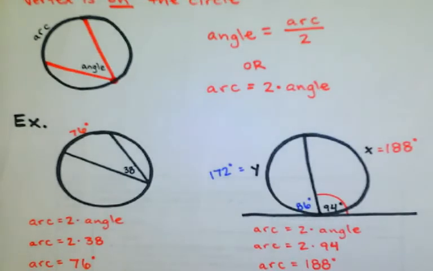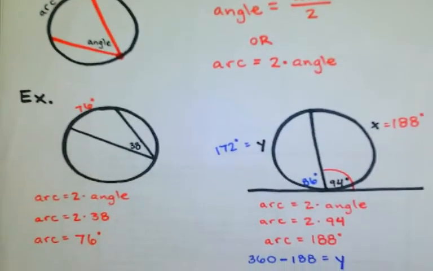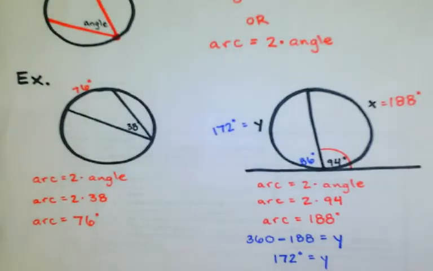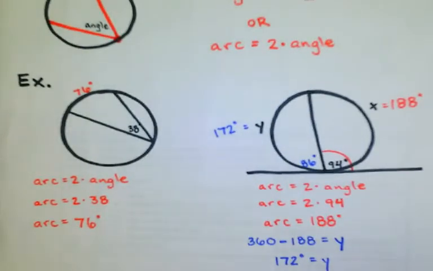All right, the next relationship that we're going to look at is when your angle is inside, your vertex is inside your circle. All right, so I'm going to move this page. If anyone needs to pause or freeze, then go ahead and do that now.